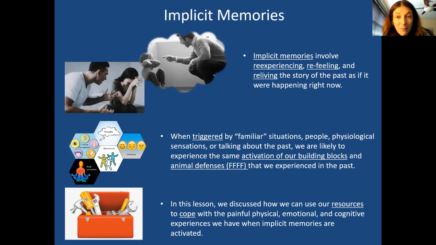All right, so implicit memory, to define it, involves re-experiencing, re-feeling, and reliving the story of our past as if it were happening right now. It becomes part of our reaction to a situation. We feel like we're responding to something that's happening now, but we're actually responding much more to the past. In the picture I have here, there's a man yelling at a woman.